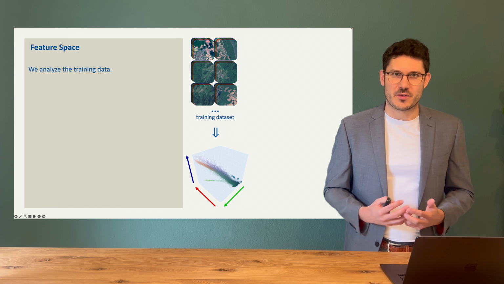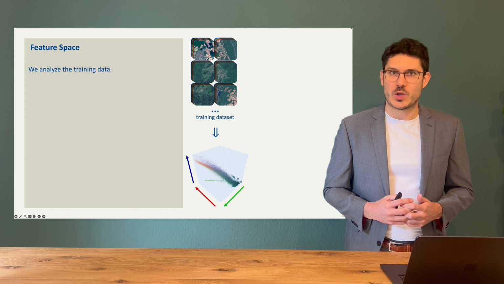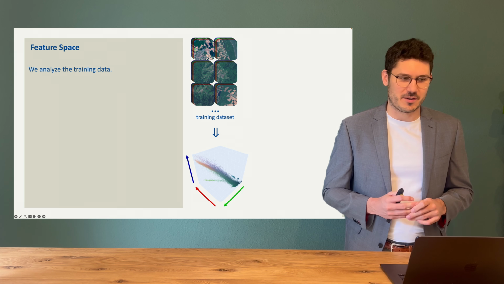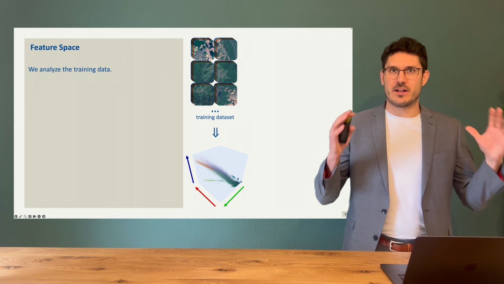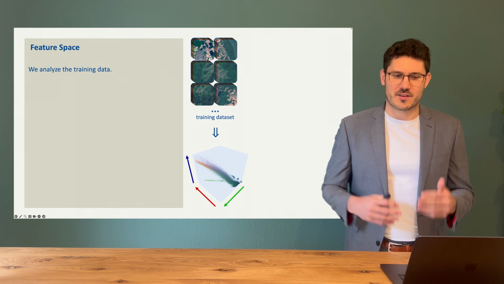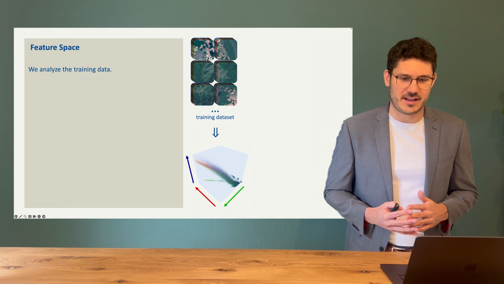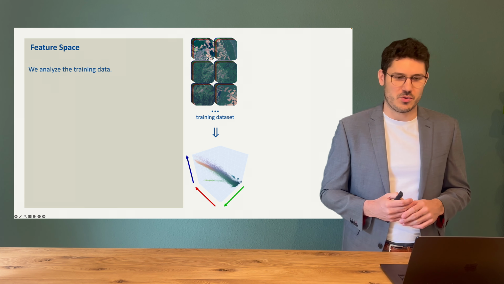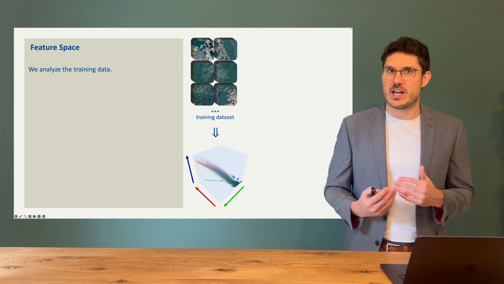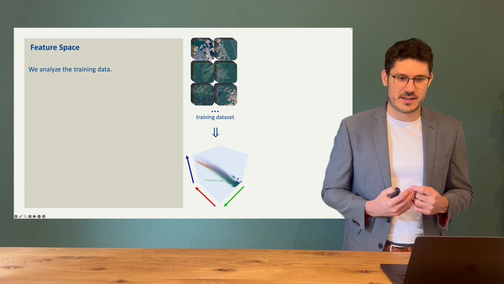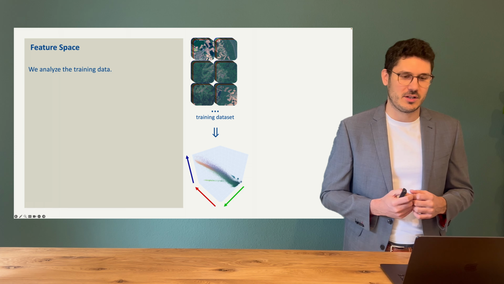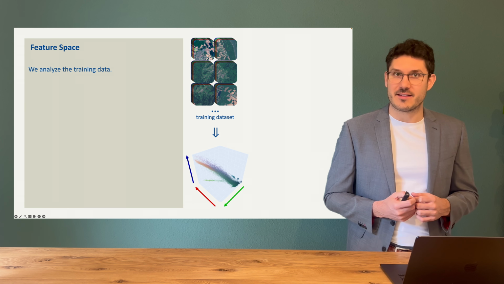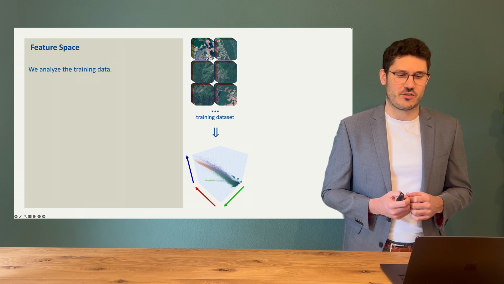So I want to introduce the feature space, showing you a very simple example. Imagine we have the whole training data, and for simplicity, we consider that the channels are only red, green, and blue. So we have three-dimensional feature vectors here. The pixels are three-dimensional, and therefore the feature space also has three dimensions.